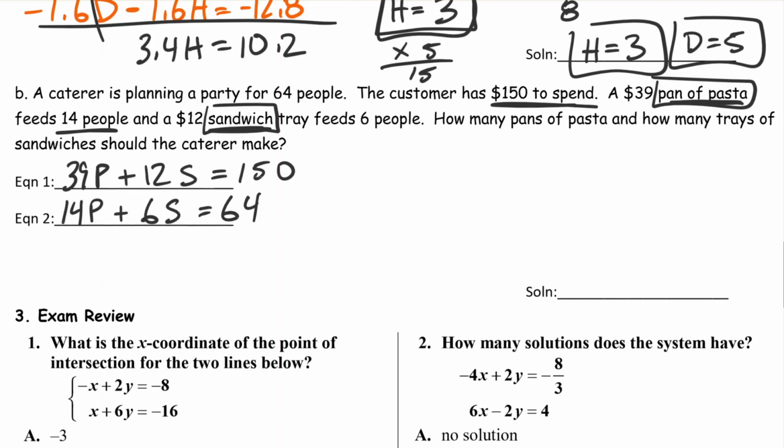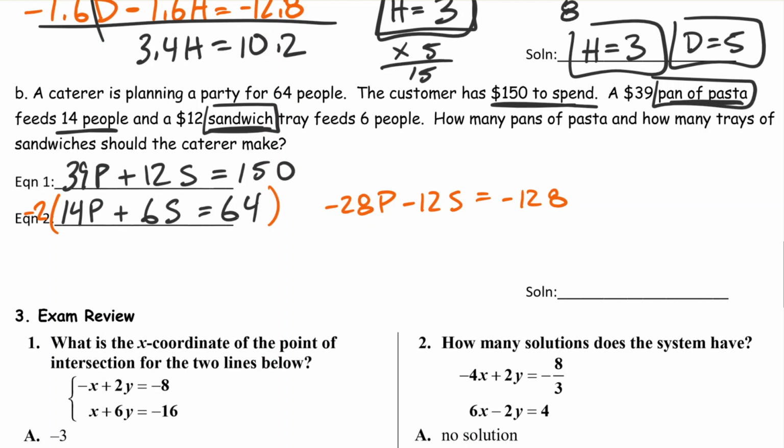So now what could we do? We could multiply this bottom equation by negative 2. So we get negative 28P minus 12S equals negative 128.